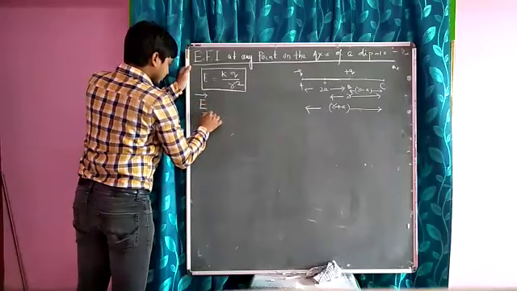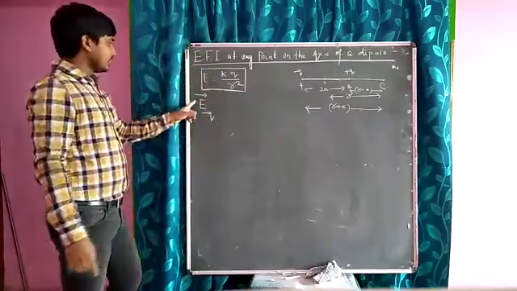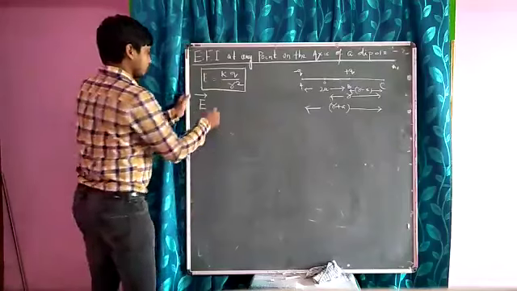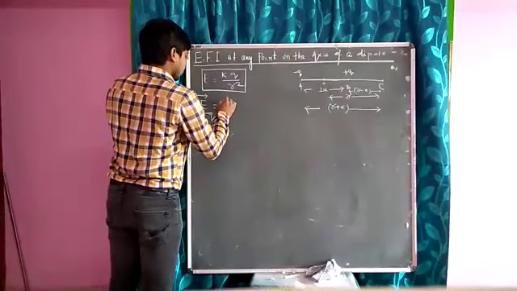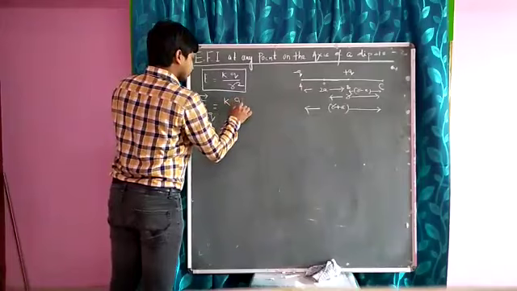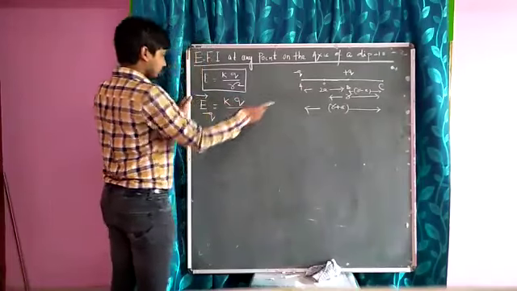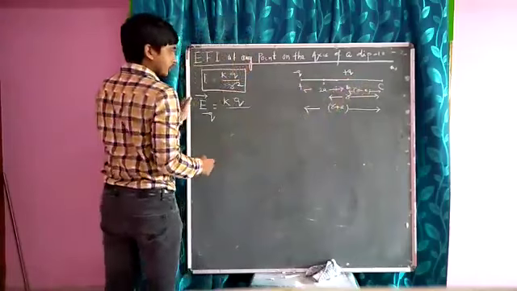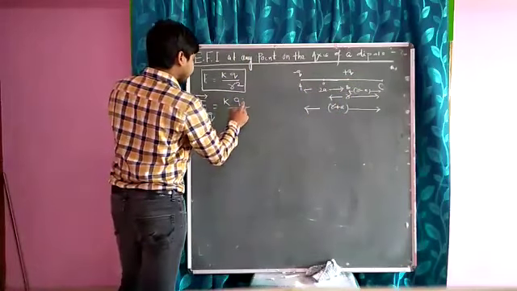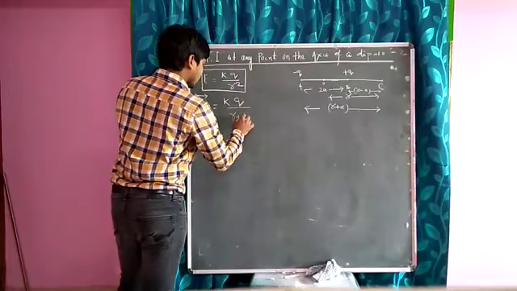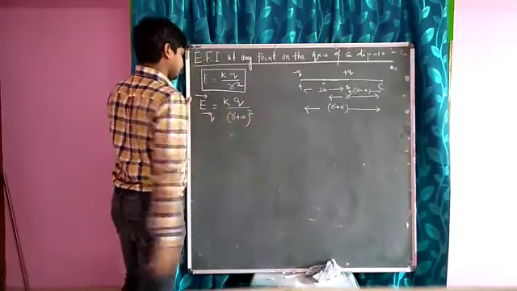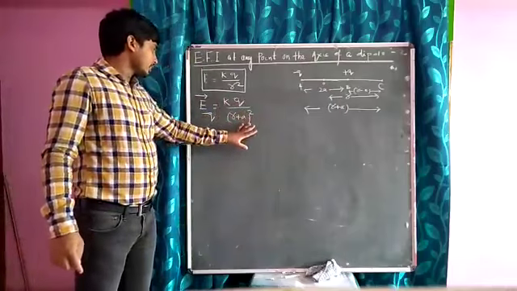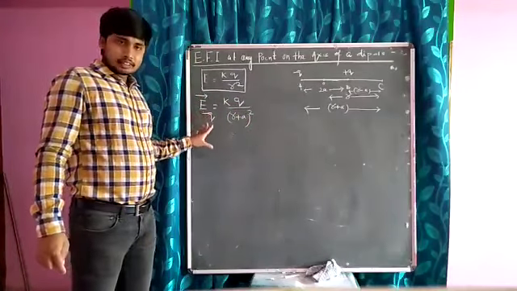I will name it as E vector minus q. The electric field intensity due to minus q will be equal to kq by, the separation distance from A to C, which is r plus a. So this is kq by r plus a whole square. You see, this is a scalar one, only the magnitude part, and our electric field is a vector quantity.